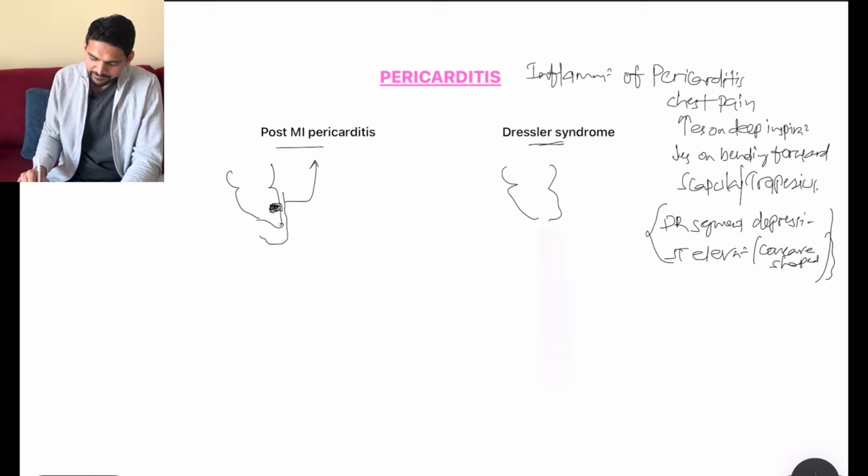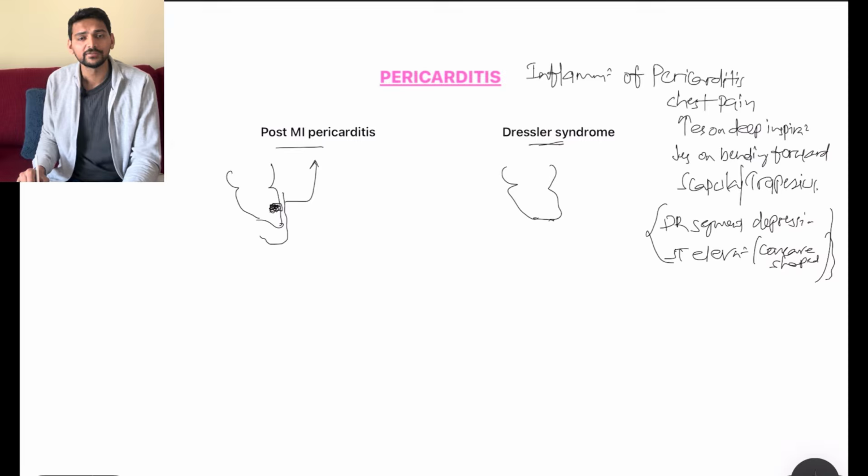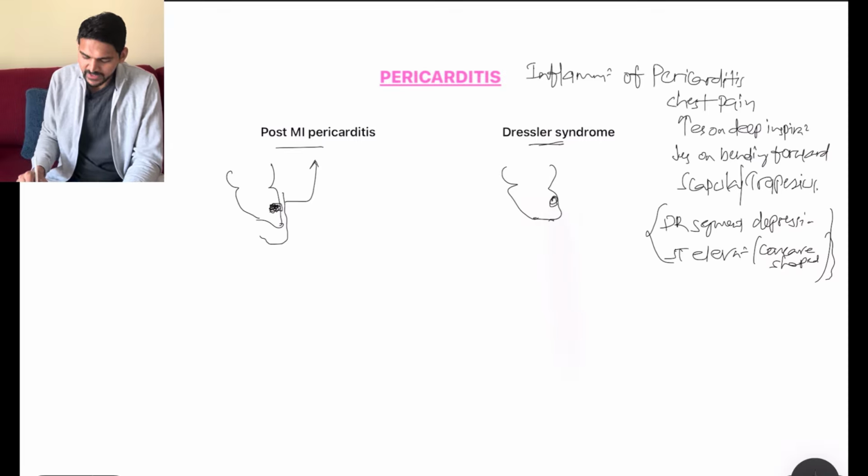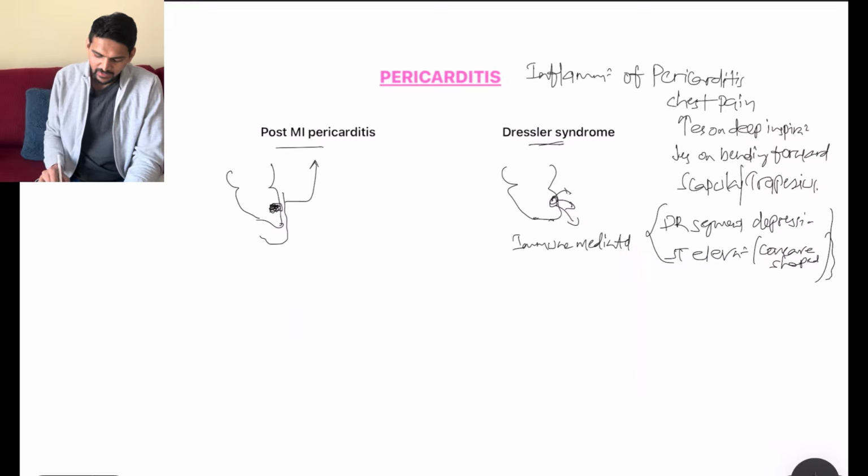Post MI, after some time there will be release of myocardial antigens, and our body will start fighting these antigens. So it will be an immune-mediated mechanism, whereas the other is just the irritation due to transmural thrombus. These are the mechanisms.